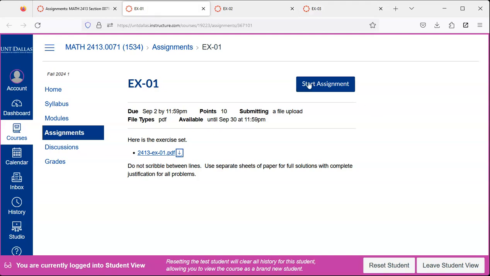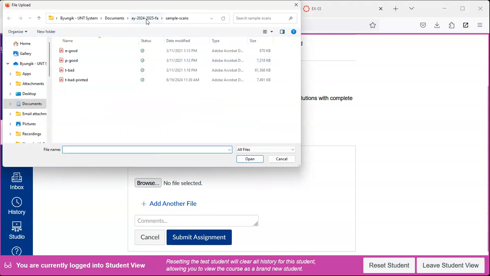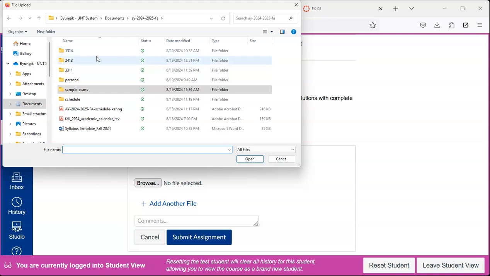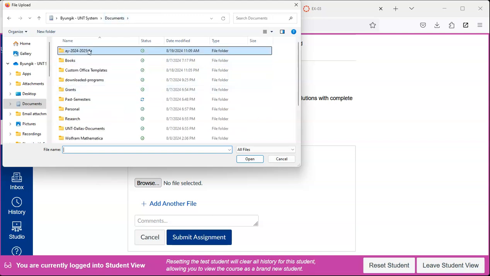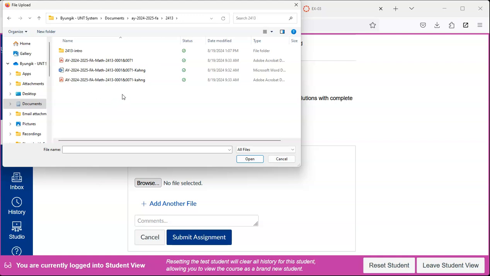For example, click Start Assignment and then browse your file, and let's see. Here, go to your semester folder, academic year 25 fall, and then your course folder, and then find the appropriate directory for your homework.